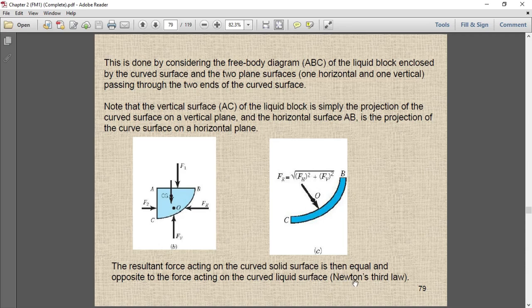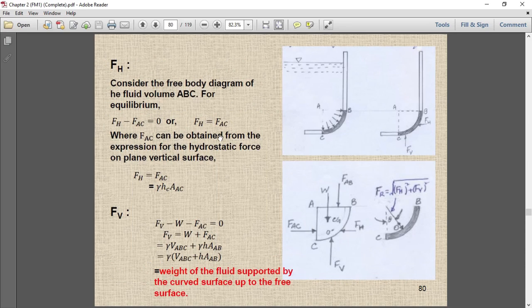So according to Newton's third law, the force acting in x direction and the force acting in y direction. This is a free body diagram. You see, this is the vertical projection, this is the horizontal projection of the curved surface.